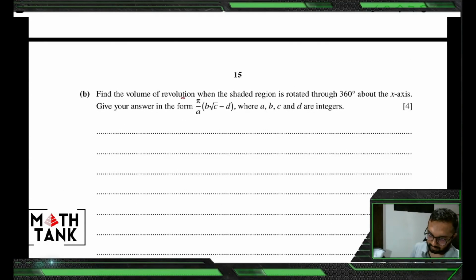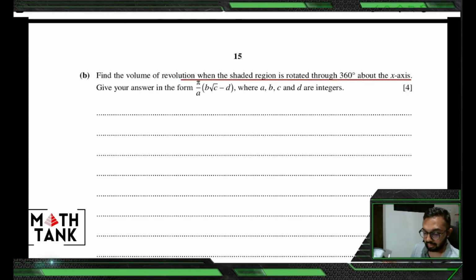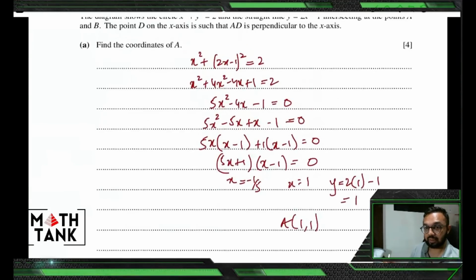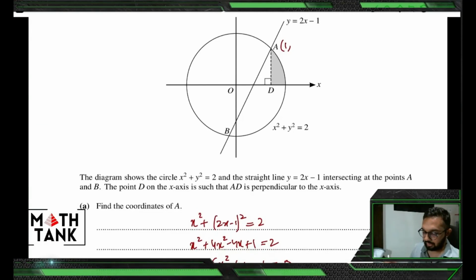Then it says find the volume of revolution when the shaded region is rotated 360 degrees about the y-axis, giving your answer in the form pi over a, b root c minus d, where a, b, c, d are integers. So I'm going to need the equation of this part of the curve. What we need to understand is that we're talking about the equation of a circle.